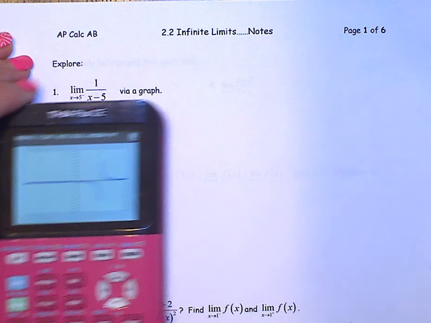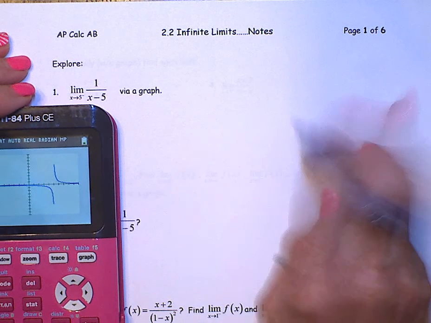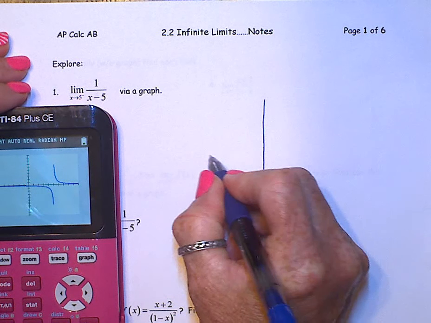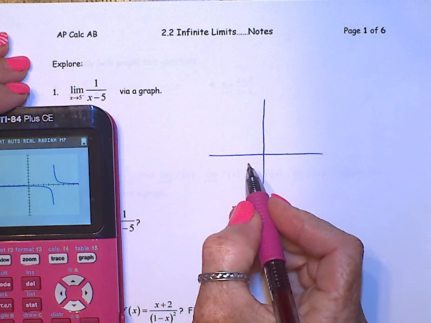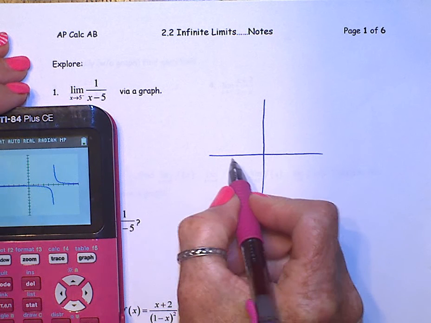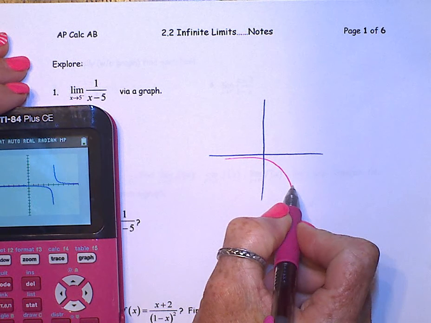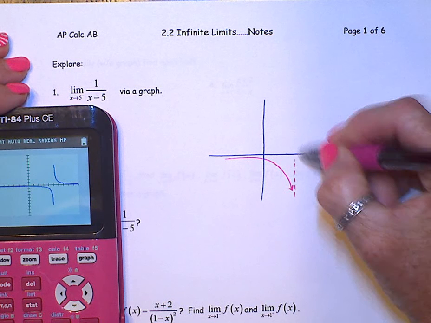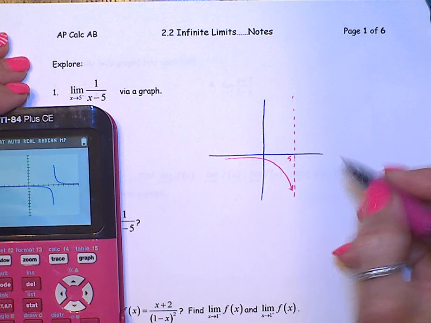Let's go ahead and sketch this graph onto paper. And we'll put that vertical asymptote in at 5.